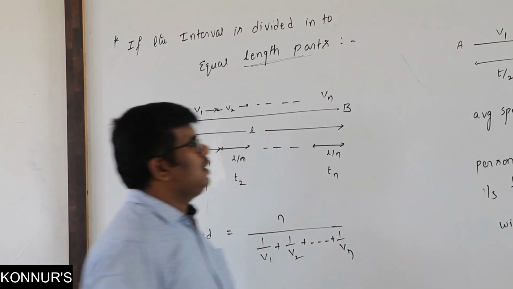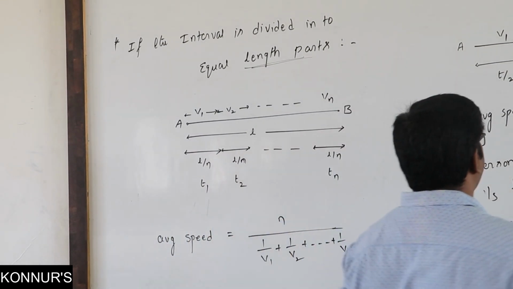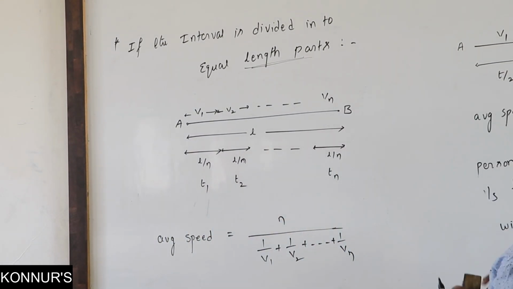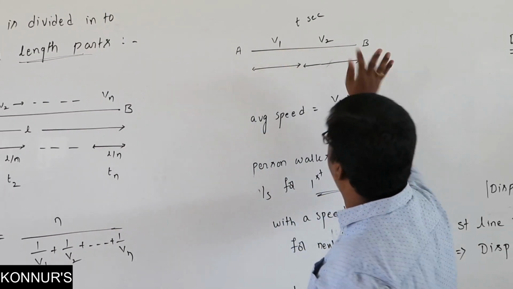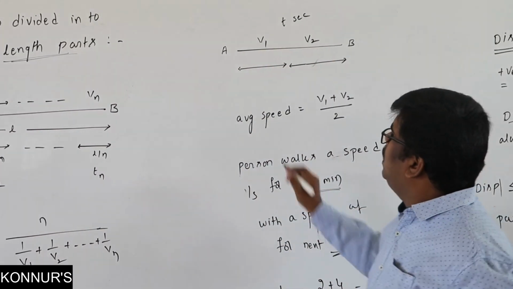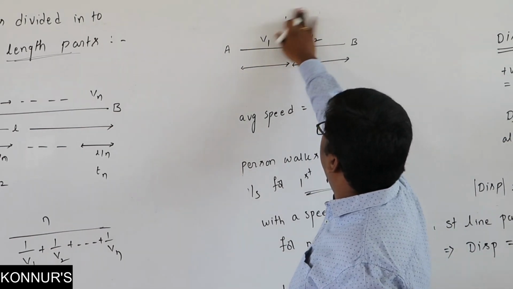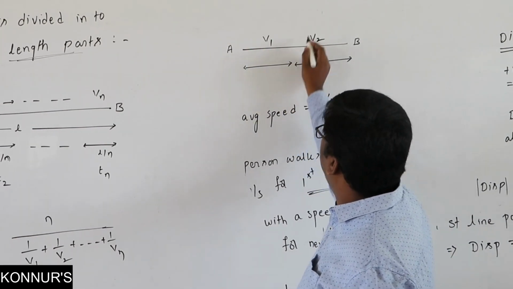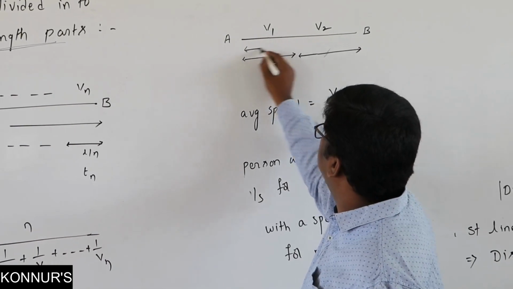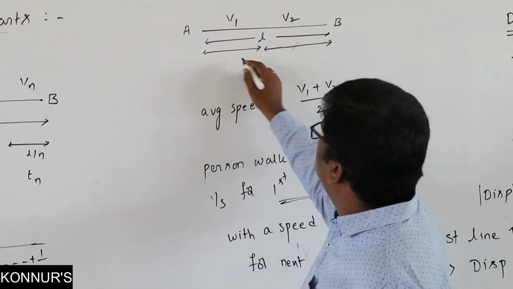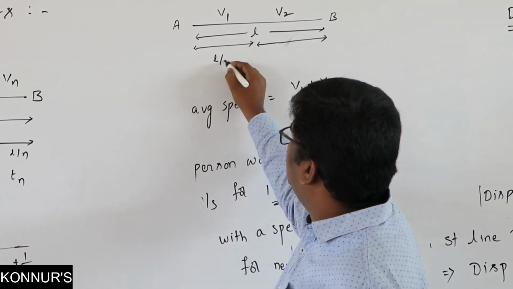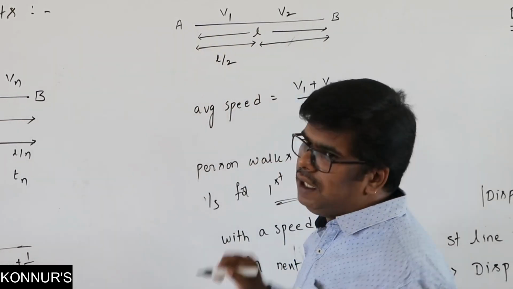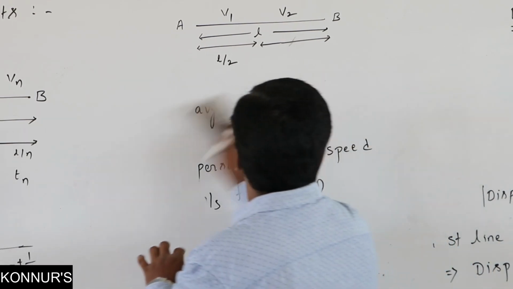Let us take a simple case here. If a body is traveling from A to B, and the total length is L. In the first half of the distance, L by 2, it is traveling with a speed V1.